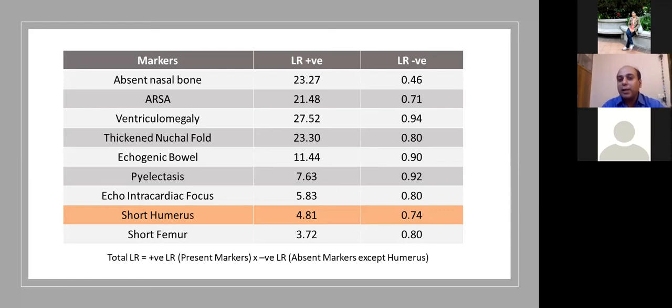That is why I have highlighted the humerus separately, that we will not include the negative likelihood ratio of humerus in the product of all negative likelihood ratios. All further processing in different ways will be from this equation only. We will see how we can make shortcuts from it.